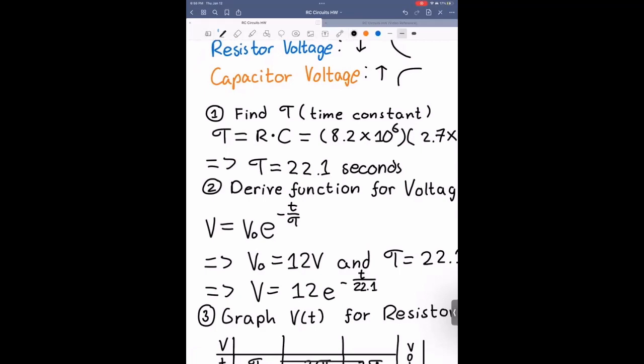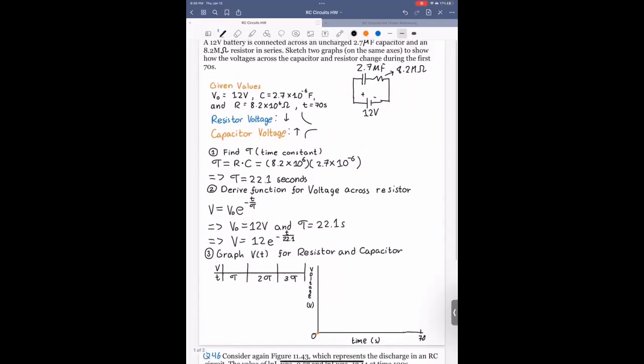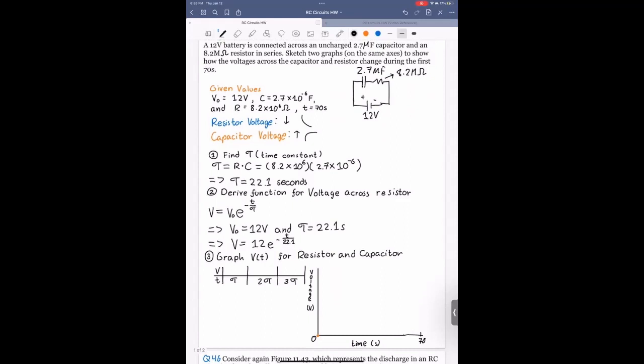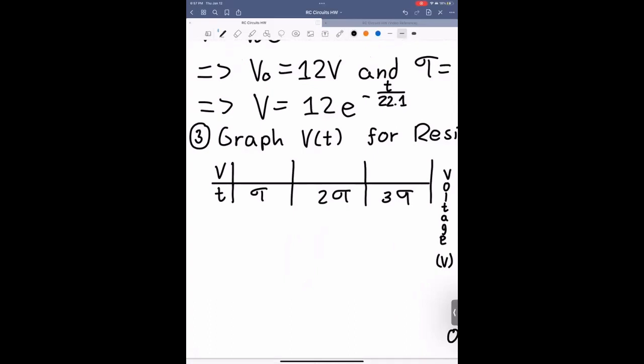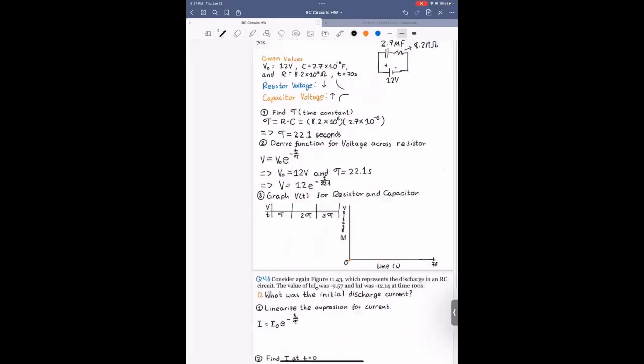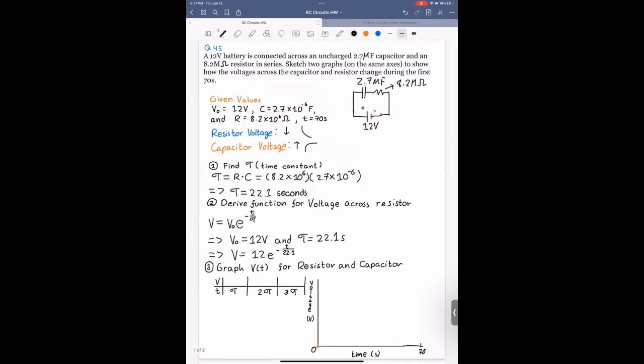Okay, great. Now, let's create a table in order to graph V of t for resistor and capacitor. All right, here's a table showing voltage in the first row and time on the second row. Now, the reason why I'm only plotting these up till 3 tau is because the question states that we only need to sketch until the first 70 seconds.